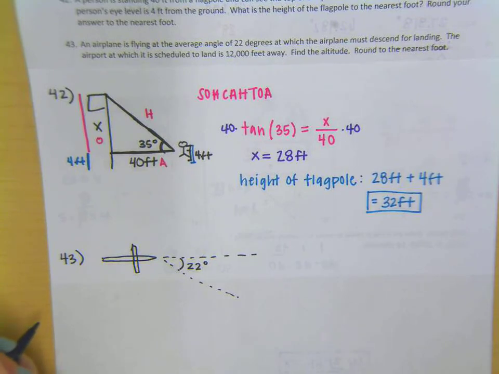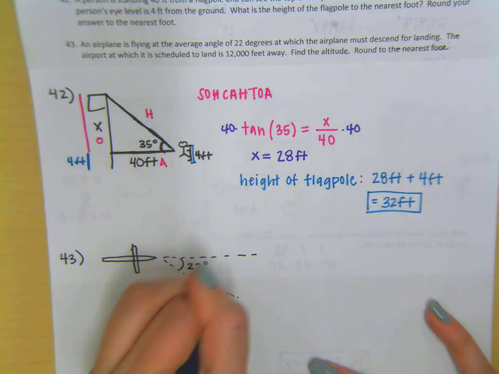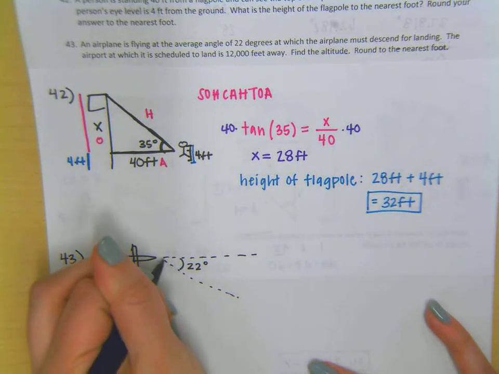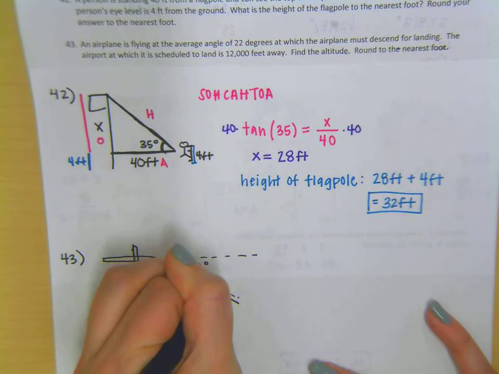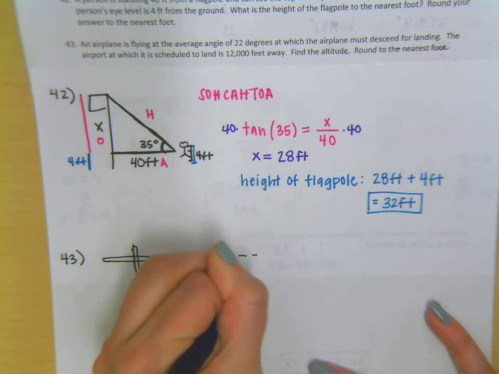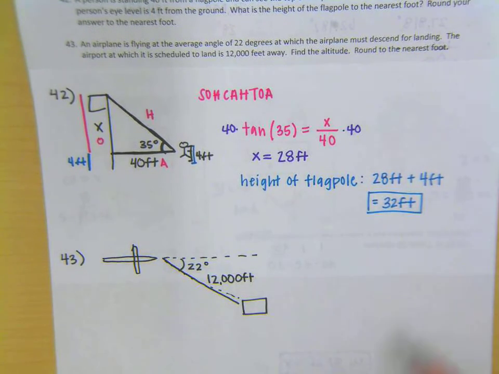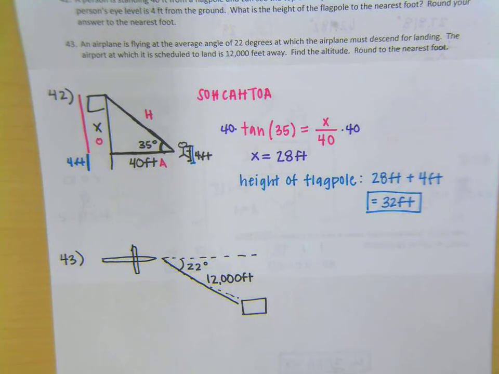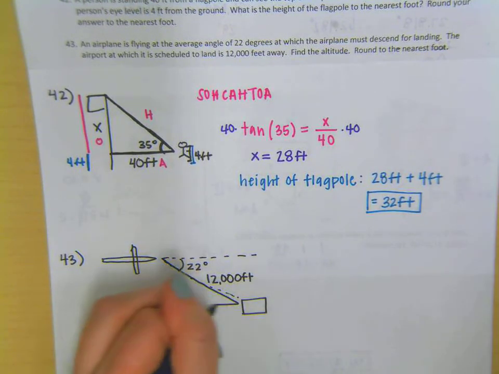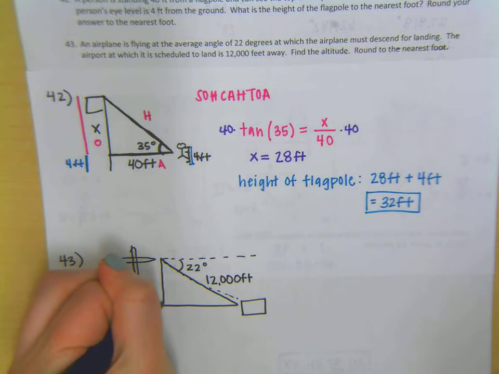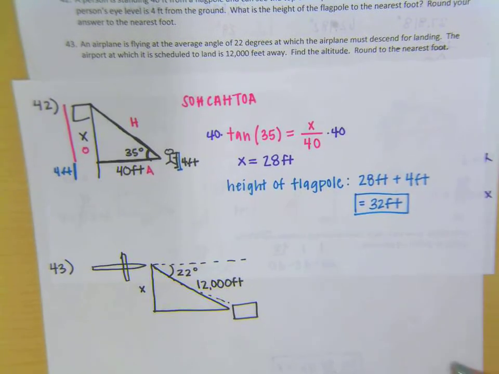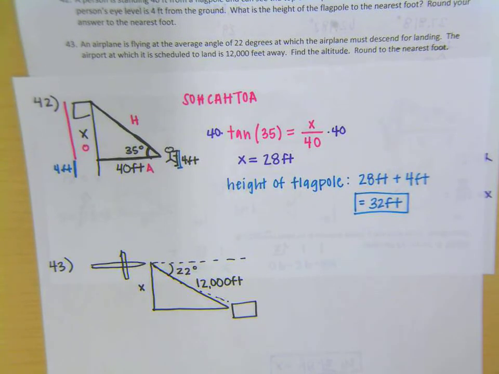Alright, the airport, which it is scheduled to land at, is 12,000 feet away. So from here to here, it is 12,000 feet away from the airport. Alright. Find the altitude. So our altitude is going to be in the sky. And we're going to round to the nearest foot.